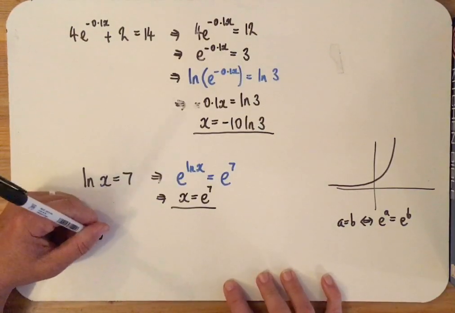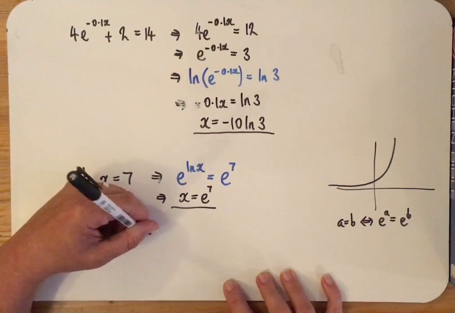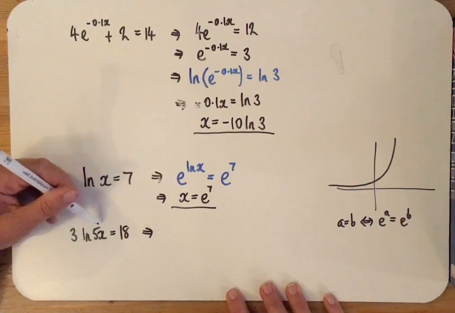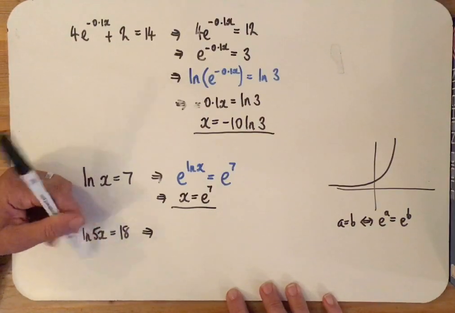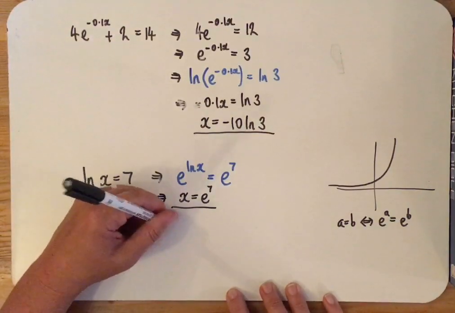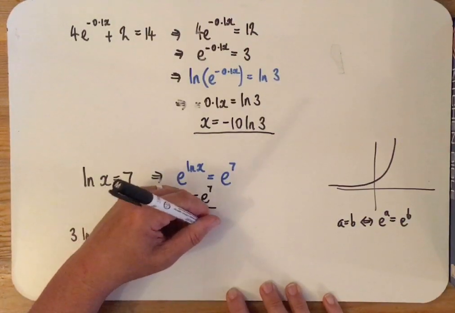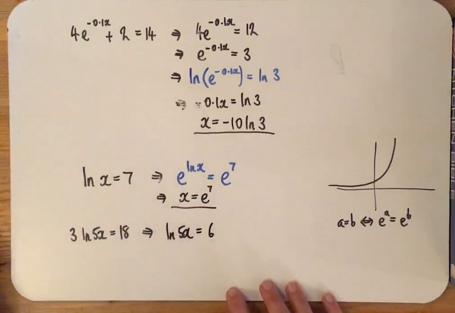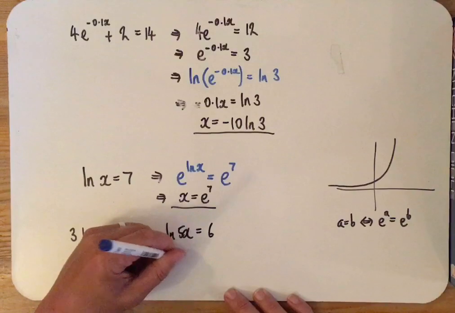So 3 ln 5x equals 18. Again, you need to get this ln on its own. You could pull that up as a power, but to be honest, on this one it's better to divide both sides by 3. So ln 5x equals 6. Now I've got ln by itself. I can do e to the power of both sides.